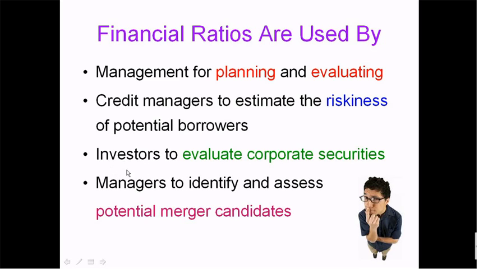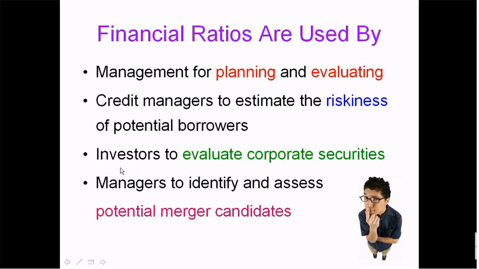Then thirdly, we have investors to evaluate corporate securities. Now, in chapter 1, we say that investors are those with savings surplus. They have excess savings, and firms are those that have savings deficit. They need money. They need investors to invest their money so that they can use it as capital to run the business.